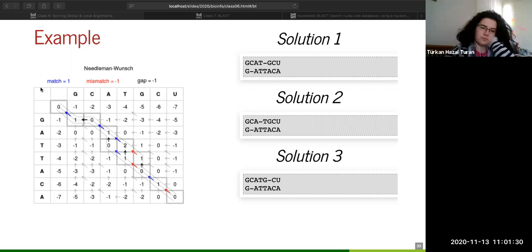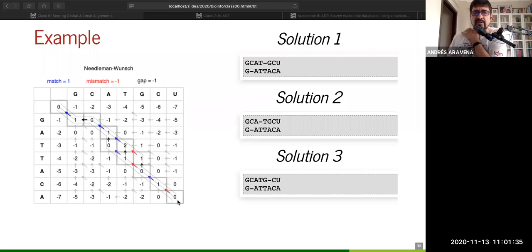It's done in two steps. First, from top to bottom to calculate the score. And after you did, you go back. And the point is, when you go back, you may have more than one path, more than one way to do it with the same score, with the same value.